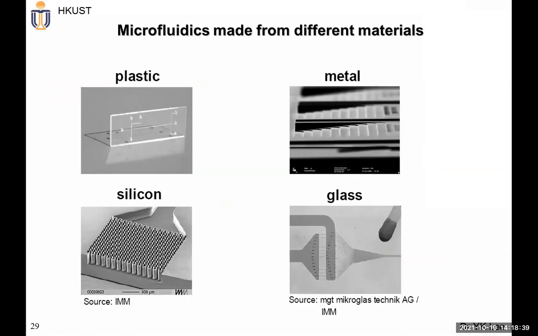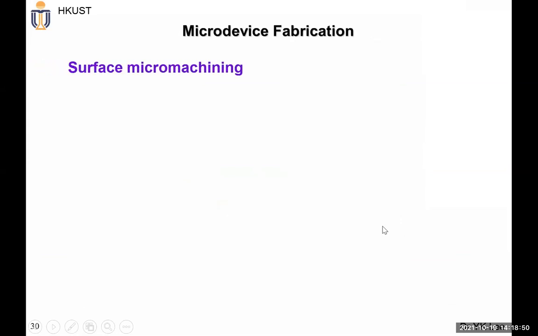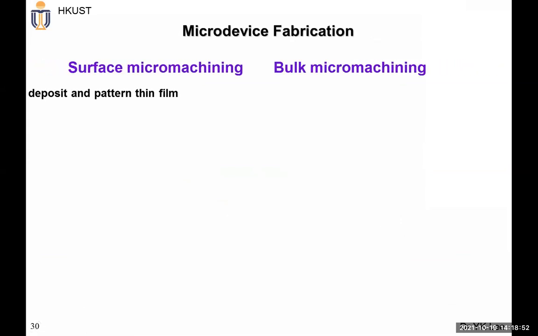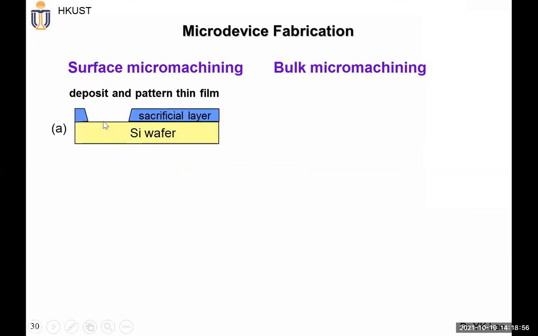Of course, microfluidics uses a long list of different materials and designs: plastic, silicon, metal, glass, and a lot more. As mentioned, in general, when we do microfabrication, we usually have two important ways to do fabrication. One is called surface micromachining. It is usually closer to the semiconductor process.